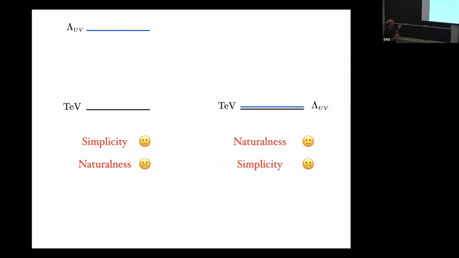So there are these two limits, and the first is the limit that satisfies simplicity. Okay, it's very simple. The things that you don't see disappear. On the other hand, as we argued, the separation of scale that corresponds to this situation in the standard model, with the presence of an elementary Higgs, doesn't seem natural. Conversely, the other situation, in principle, is natural, because you don't have any big separation of scales.